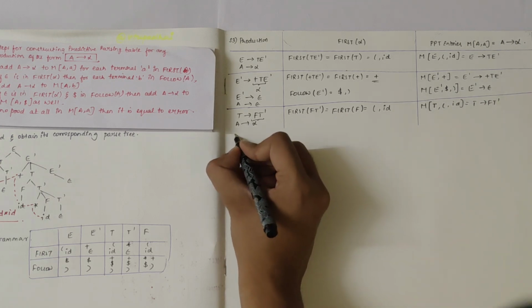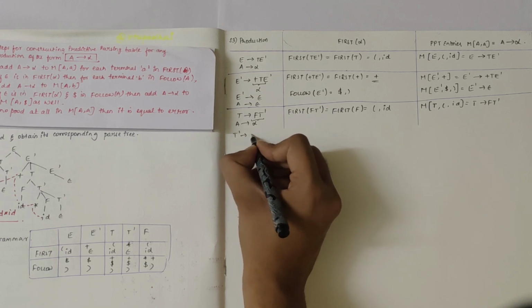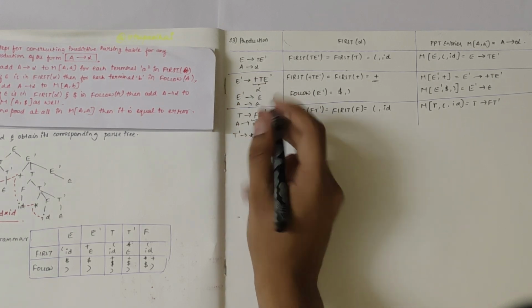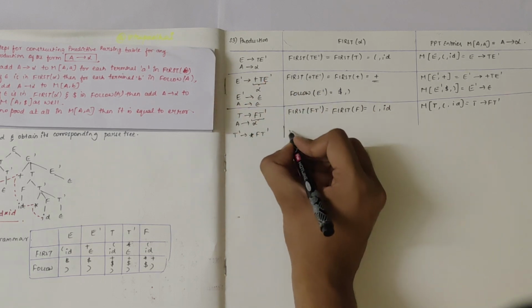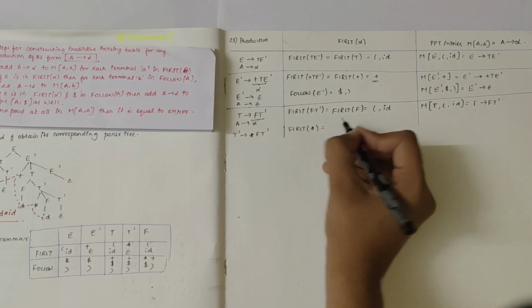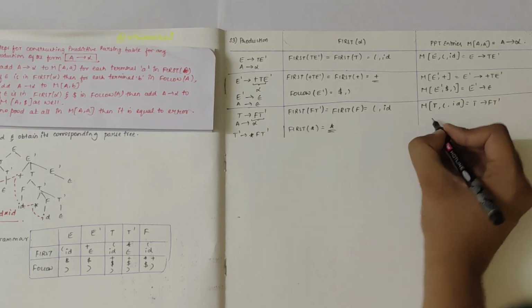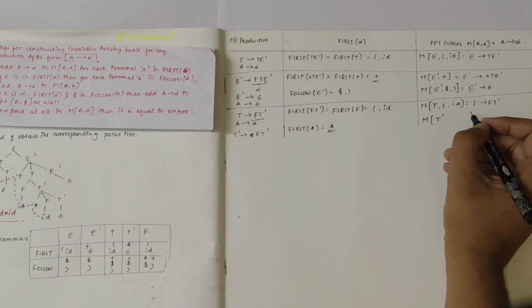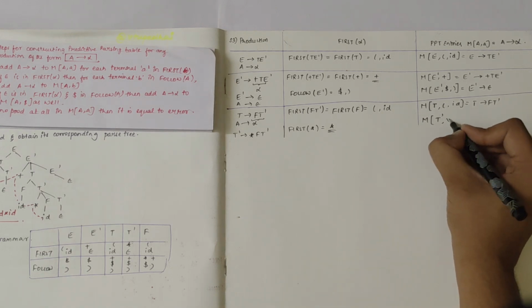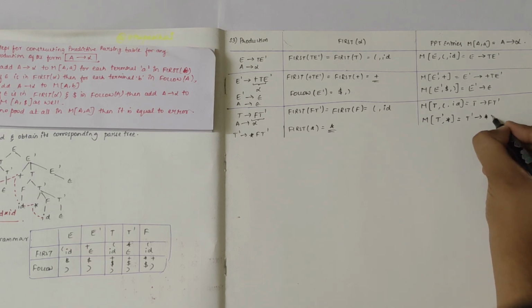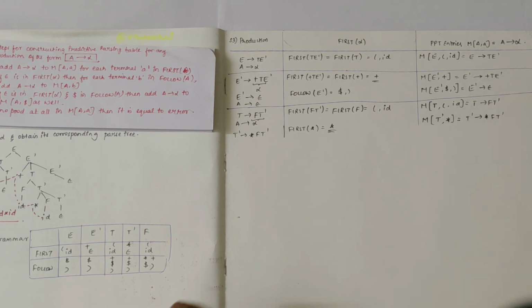Moving on to the next production, that is T dash derives star FT dash. It is similar to E dash derives plus TE dash, that is first of star would be equal to star itself. So M of T dash comma star is equal to T dash derives star FT dash.